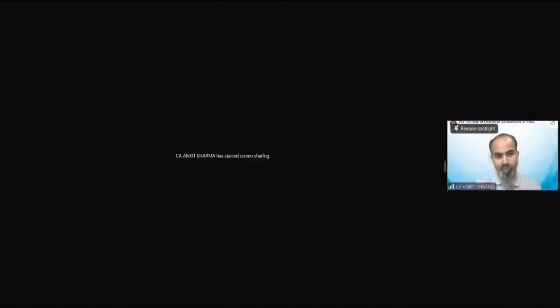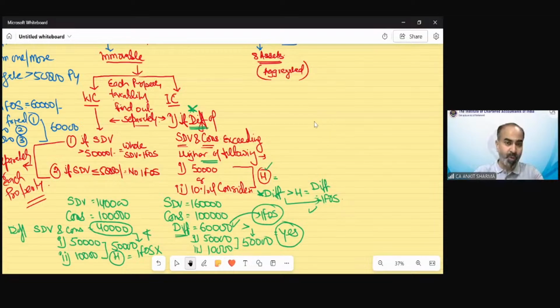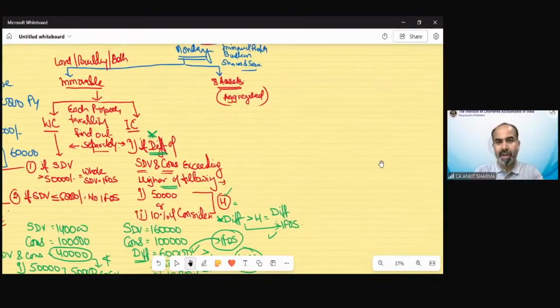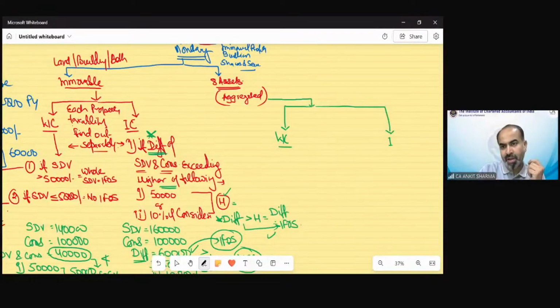So we have discussed the concept of gifts in case of monetary as well as non-monetary. Now moving on from immovable property to other non-monetary cases. In case of the other 8 assets, again the same concept would be there: either it would be without consideration or inadequate consideration.